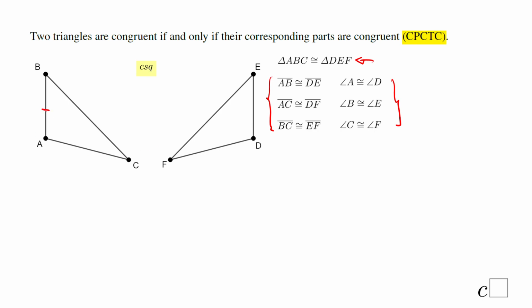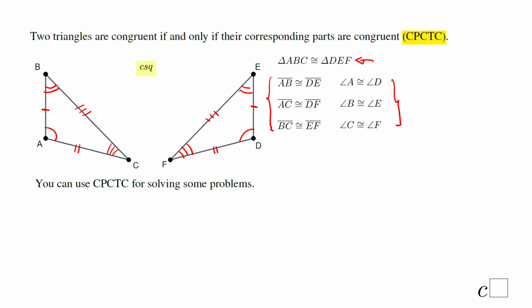AB congruent with DE, AC congruent with DF, BC, the last one, congruent with EF, and then we have angle A congruent with angle D, angle B congruent with angle E, and angle C congruent with angle F.